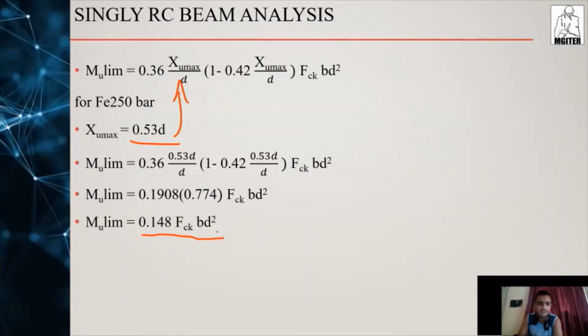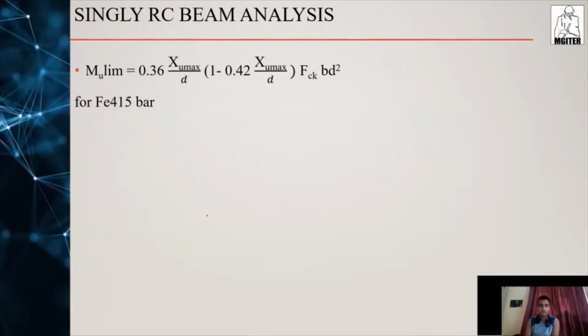So by this equation I can say if I provide Fe250 bar, my Mu limit is 0.148 fck b d square. And for Fe415 bar, xu max is 0.48 d.